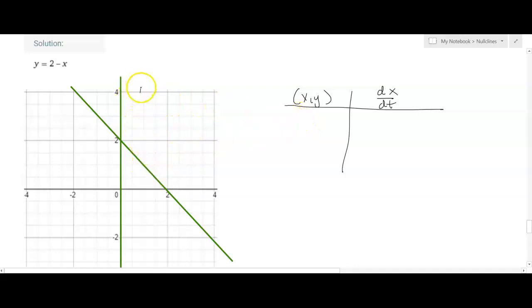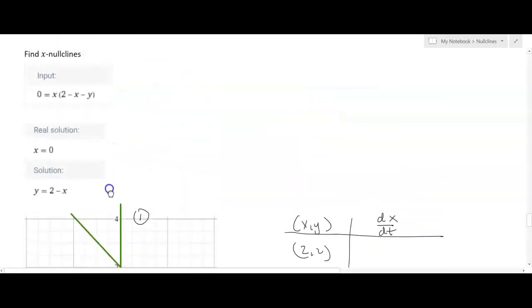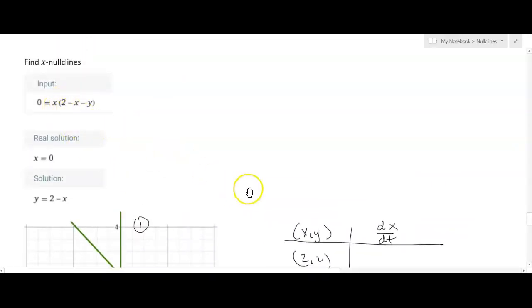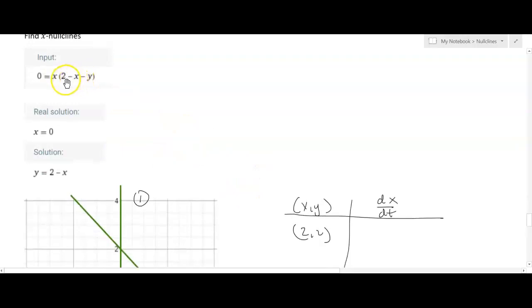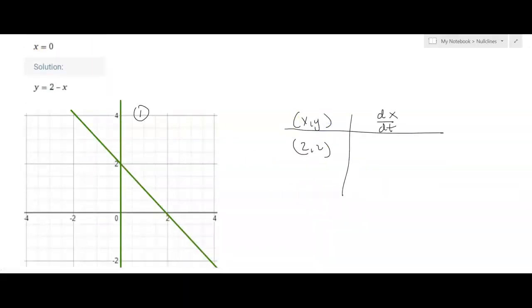So in region 1, I pick the point (2, 2) and plug that into the dx/dt equation, which is x times (2 minus x minus y). Here I'll get 0 minus 2 times 2, which is negative 2. This is a negative value, which means my vectors point left in region 1.